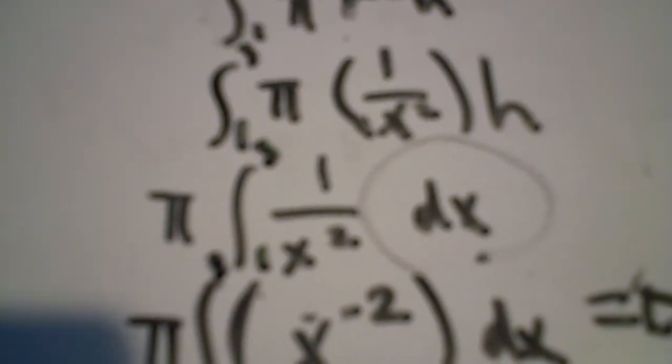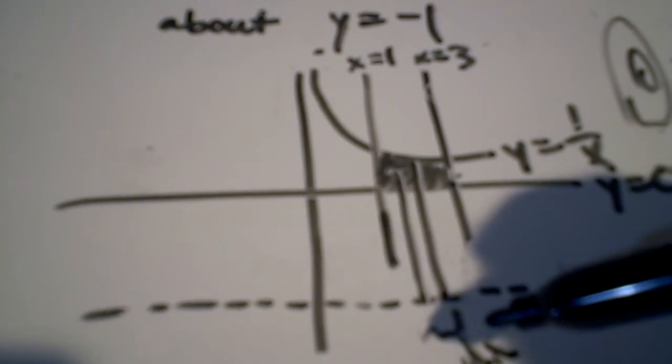Then I plugged in my height, which is right here, and then it's dx, because we're essentially just taking the volume of one bar or block, and we're integrating it to find the volume of this whole area.